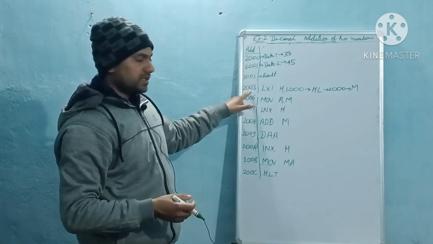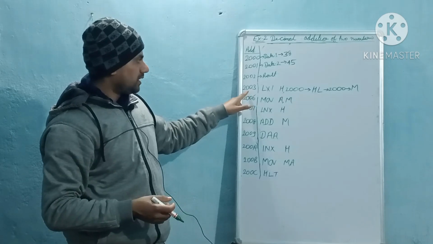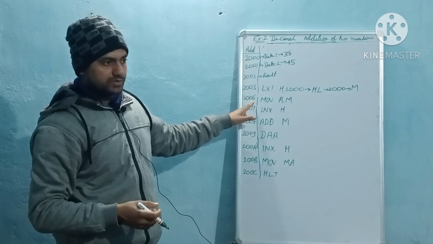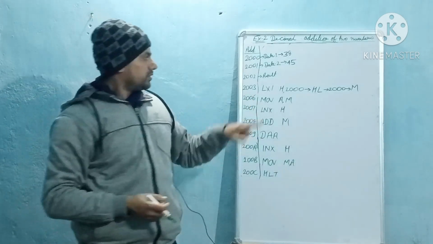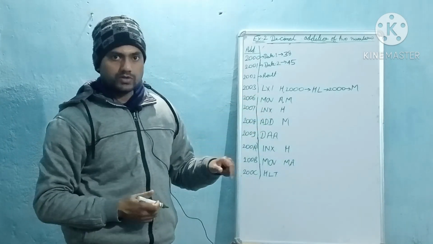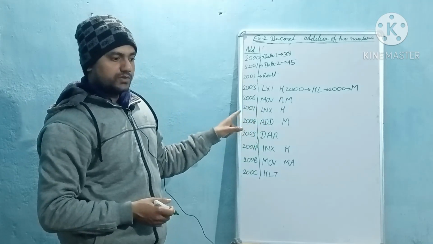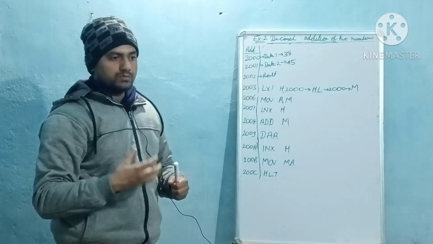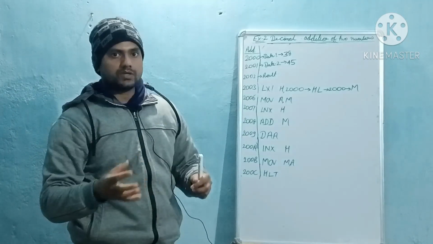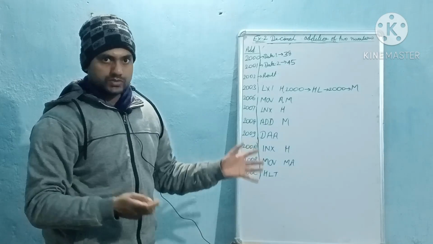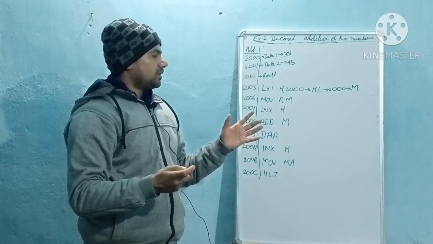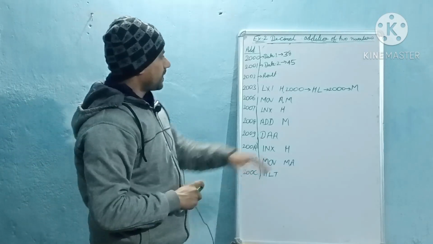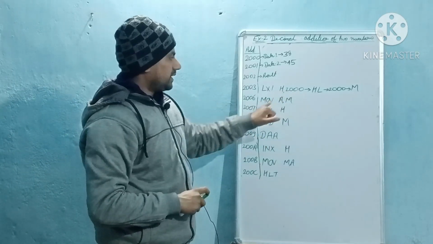This is a 3-byte instruction, so from 2000 it directly jumps to 2003. When I explain the corresponding hex codes, I will show what different hex codes are stored at locations 2000, 2001, and 2002.